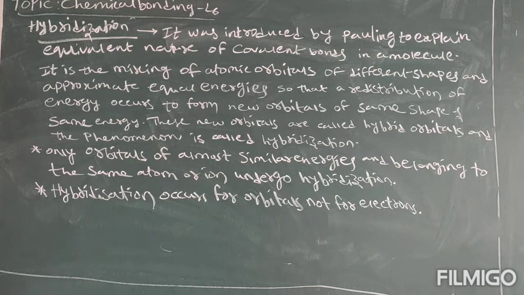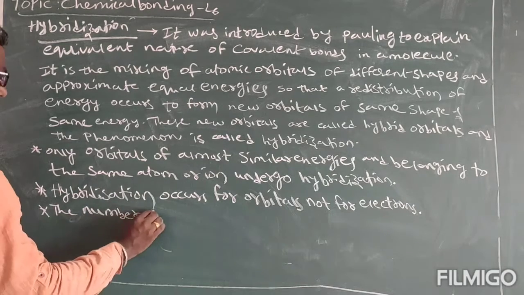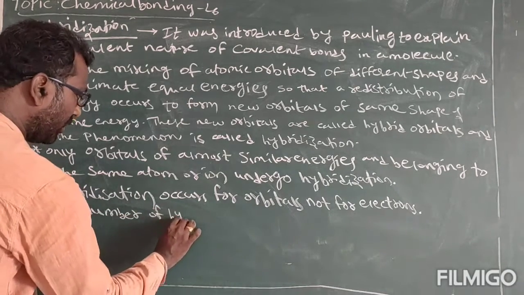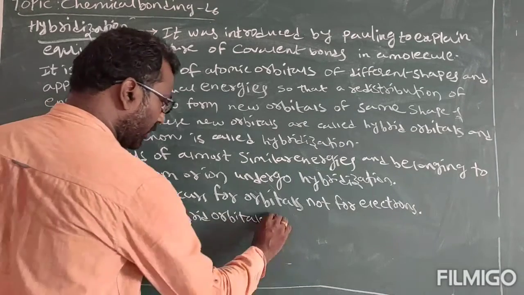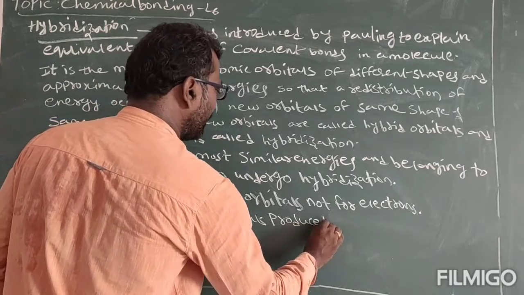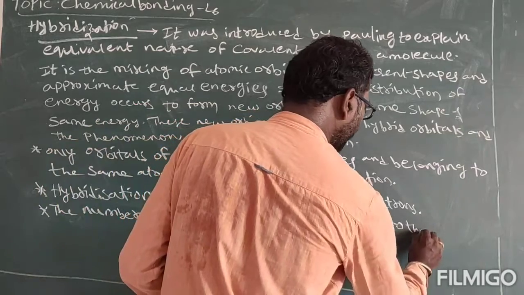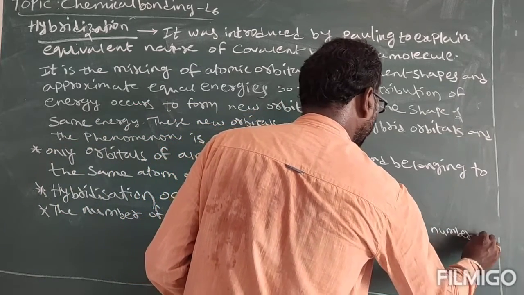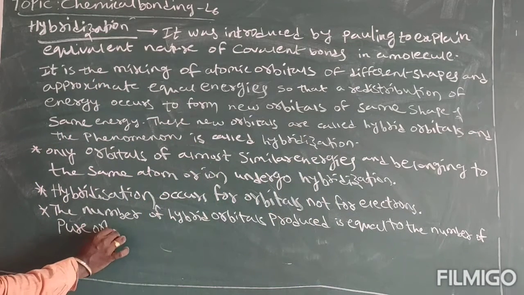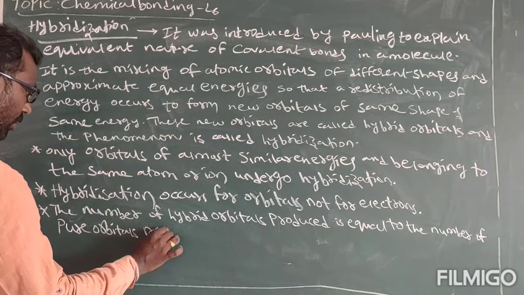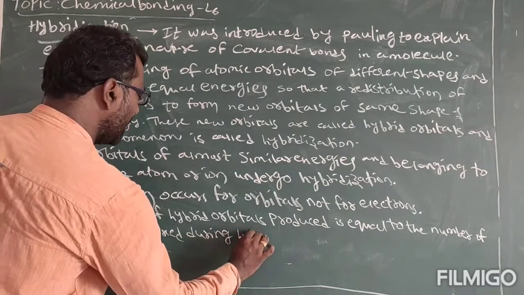Next, the number of hybrid orbitals produced is equal to the number of pure orbitals mixed during hybridization.